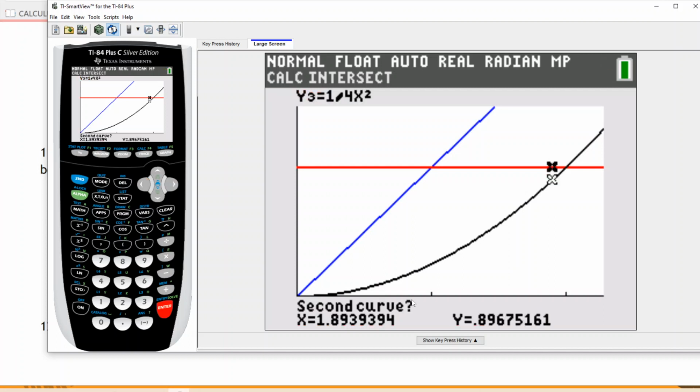Next one says, am I on the second curve? And yes, this black curve is the other curve that's going to intersect. And then it says to guess, so I'm going to move the cursor close to the point of intersection. May have gone a little bit too far. I'll push enter. And that is my value when x equals 2 and y equals 1. So this is really nice. Let's copy this screen.